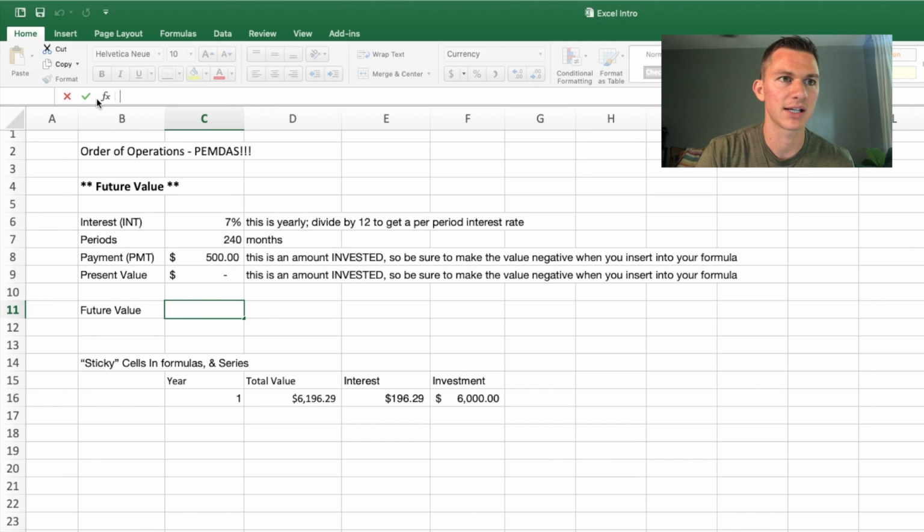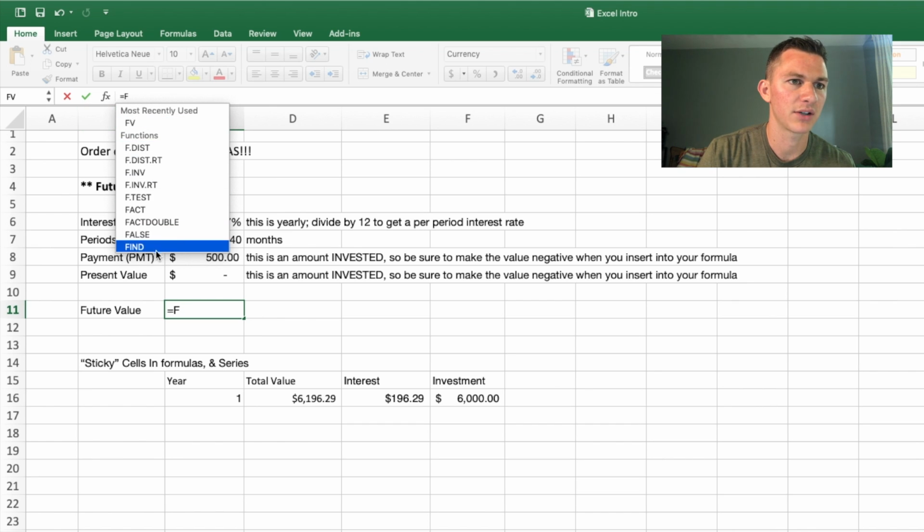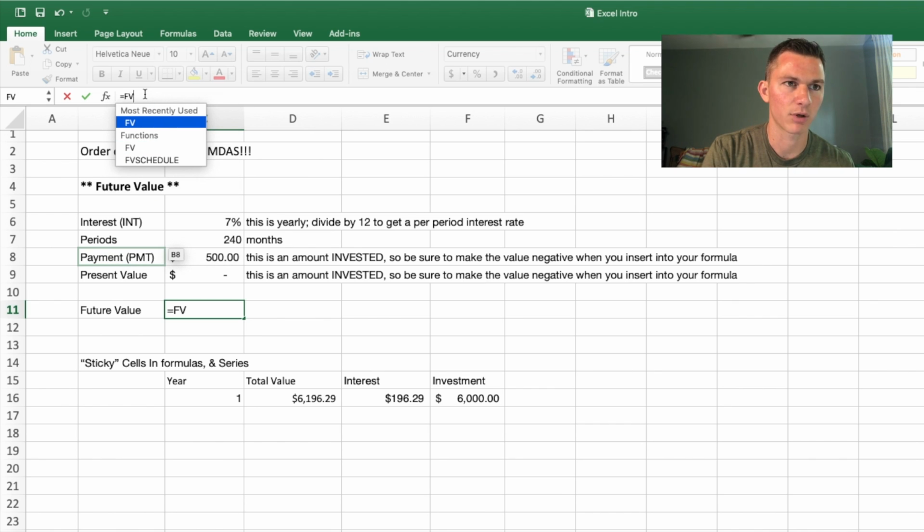So let me delete. So in order to get future value, put your equal sign. Remember to start every calculation with the equal sign. You do equals FV for future value. You see, as I was typing this in, there's a whole bunch of functions in here that it can do. So I'm just going to do FV for future value, because that's what we're working on now, parenthesis.